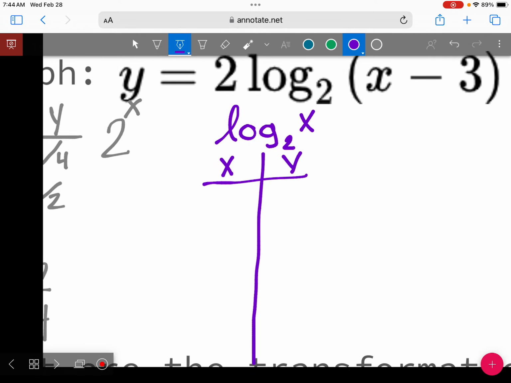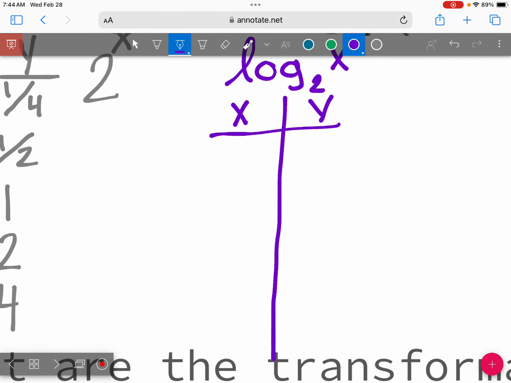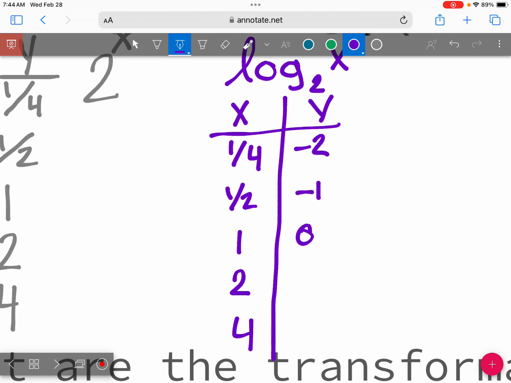All right, so we're going to wind up with x's that are 1/4, 1/2, 1, 2, and 4, and y's that are -2, -1, 0, 1, and 2.